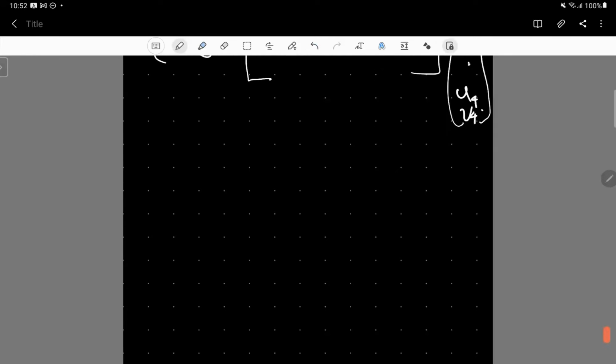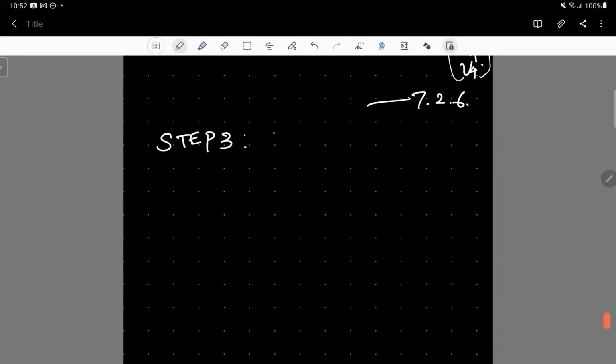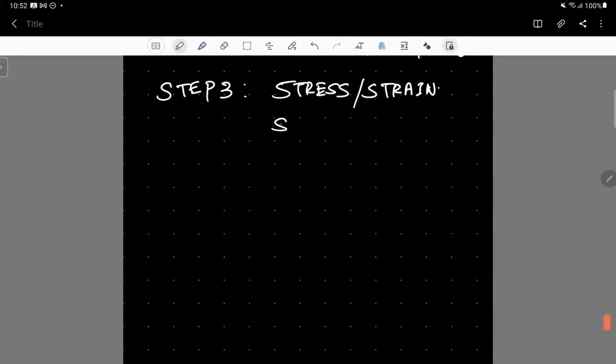So what is the next logical step? Step 3 is to define the stress-strain and strain-displacement relationships. Let's try to apply these relationships.